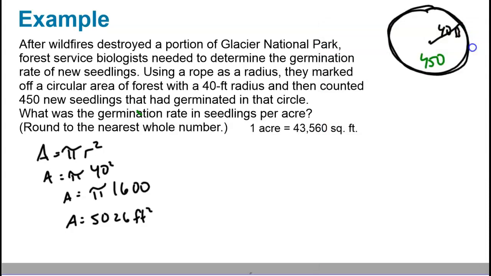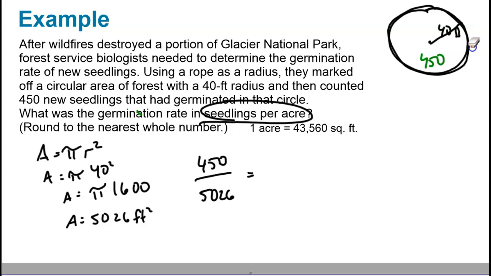But what the question is asking is how many seeds germinated per acre. And we look at this and say, okay, how much is an acre? So 1 acre is 43,560 square feet. And we know that we have 450 seedlings inside of 5,026 feet squared.